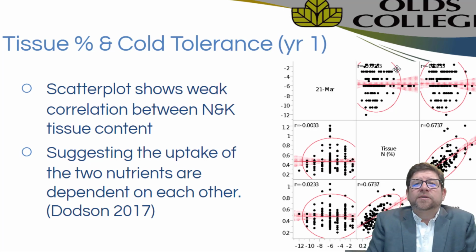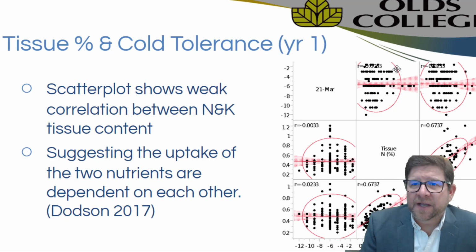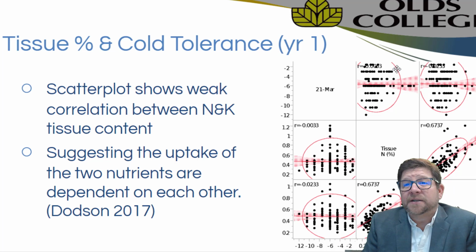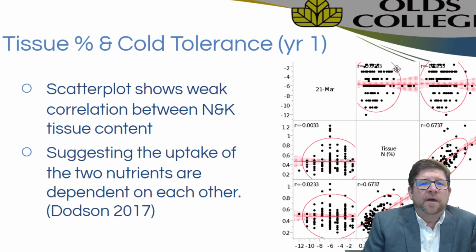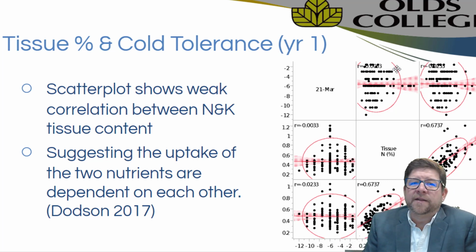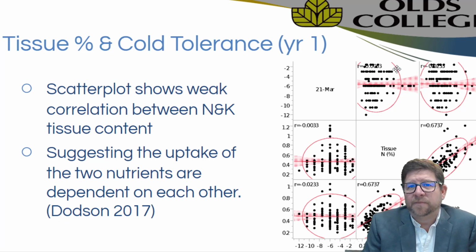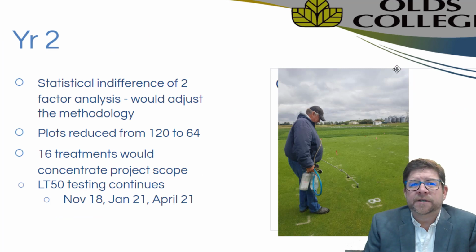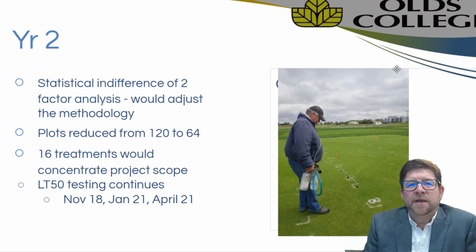Tissue percent and cold tolerance after year 1. This is a scatter plot on the right showing a weak correlation between nitrogen and potassium tissue content. However, it did prove that the two nutrients were dependent upon each other for nutrient uptake. Now in year 2, the second year of the study, there's our technician Mark Anderson. The statistical indifference of a two-factor analysis that we took on in the first year would force us to adjust our methodology.